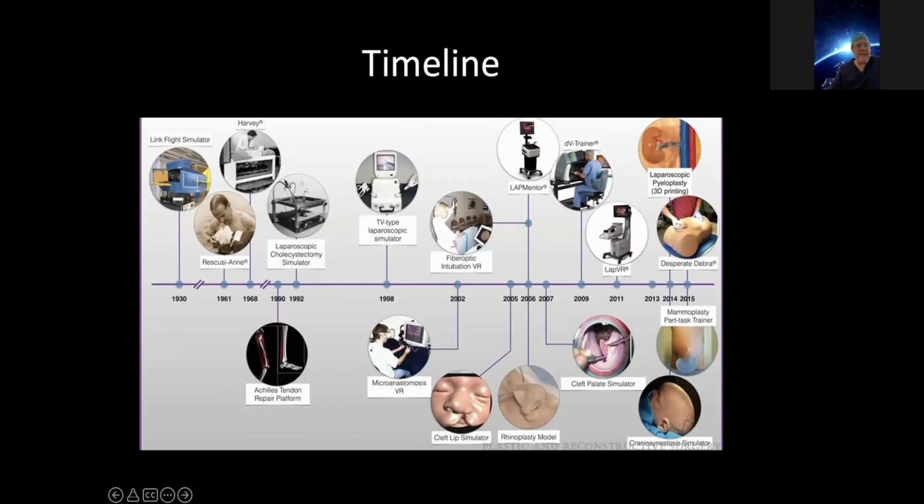One of the simulators we actually have in the lab is the so-called Lab Mentor, which is a virtual reality-based laparoscopic simulator. And as Sean pointed out, if you actually use that thing, what you notice is that it is very, very basic, and it doesn't give you any haptic feedback. And that's one of the major problems. It's visually quite nice to look at, but it gives you zero feedback.